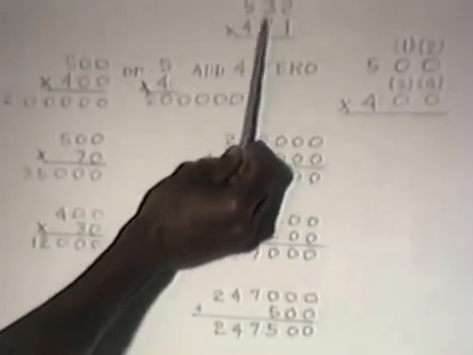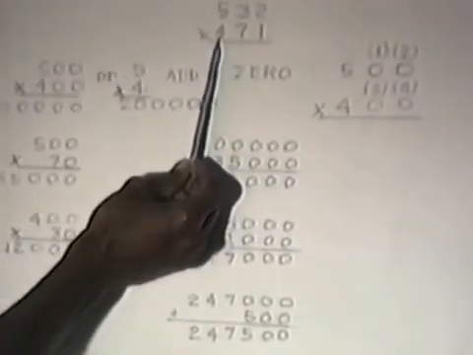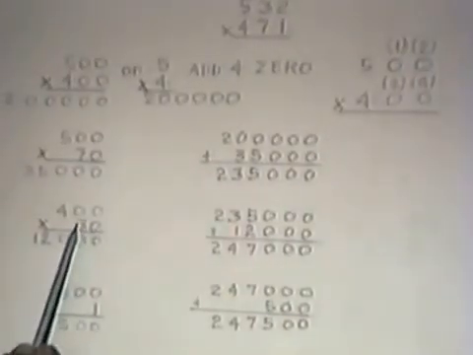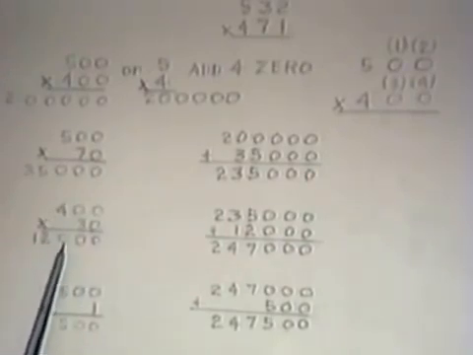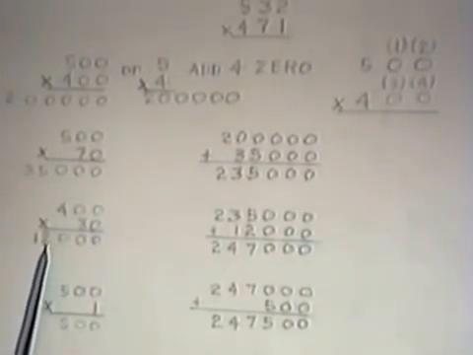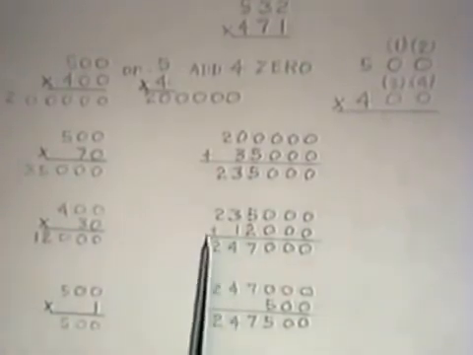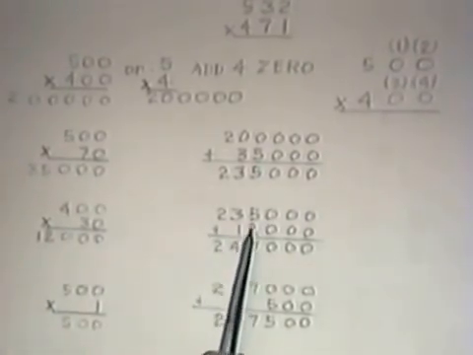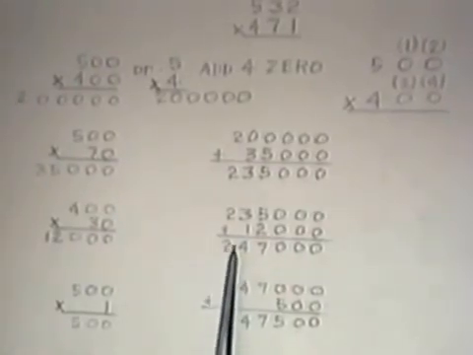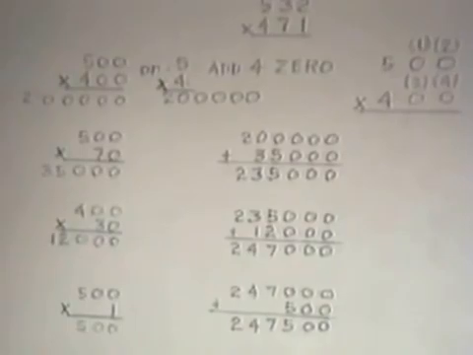Then we're going to multiply 30 of the 532, we're multiplying 30 times 400. 30 times 400 is 12,000. Then we add the 12,000 to the 235,000, and we get 247,000.